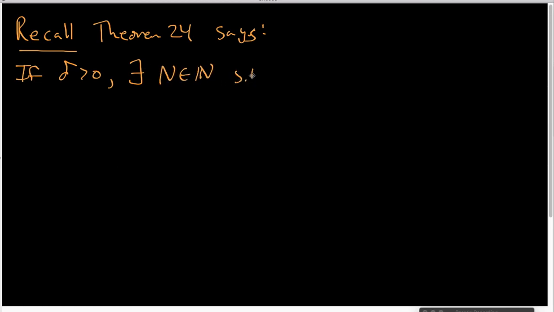Theorem 24 says, if I have a tiny little number delta, there is always a capital N inside the natural numbers, such that 1 over capital N is less than delta but bigger than 0.